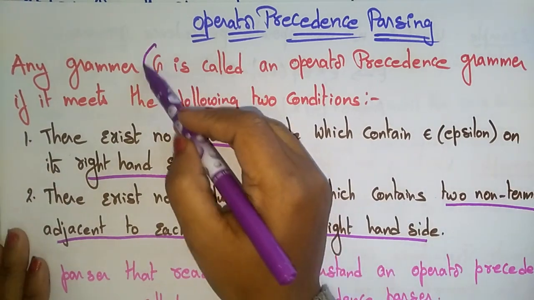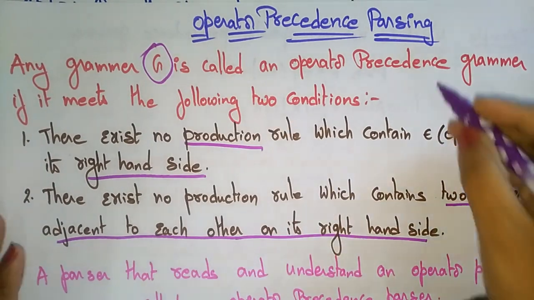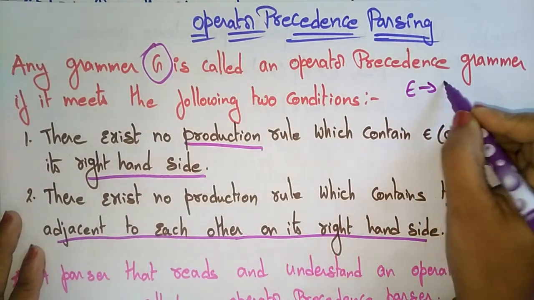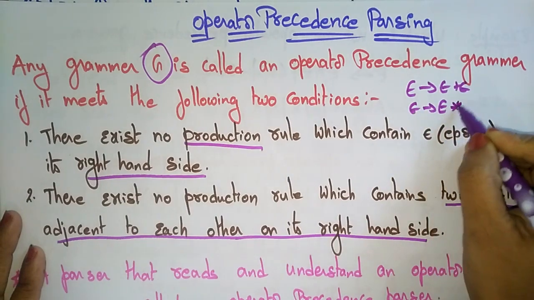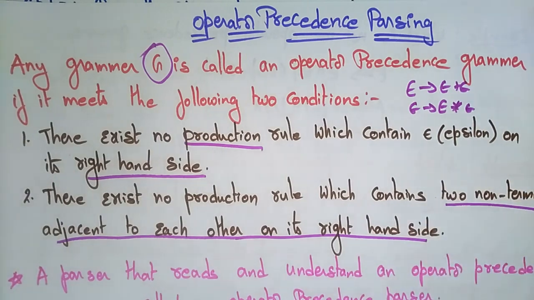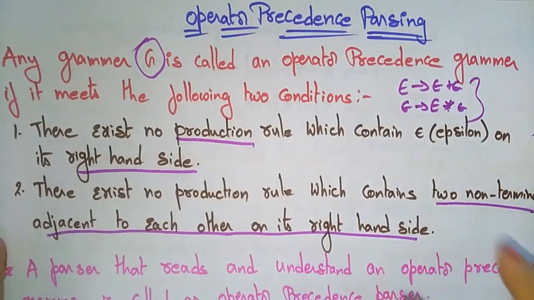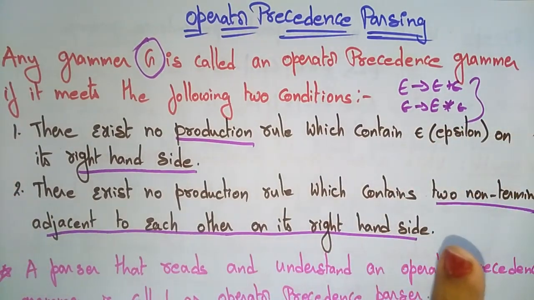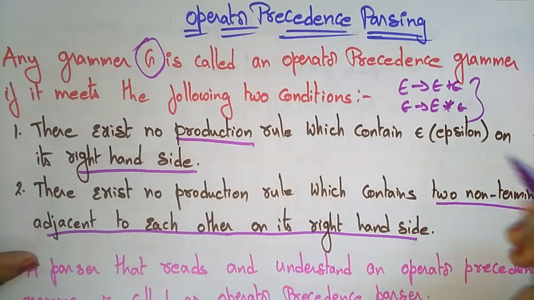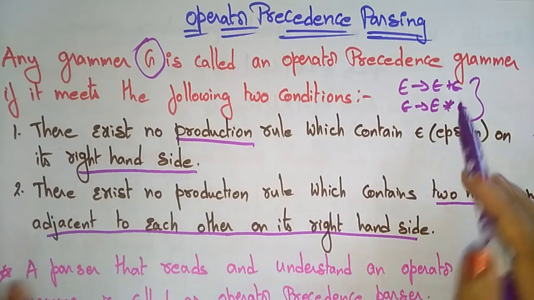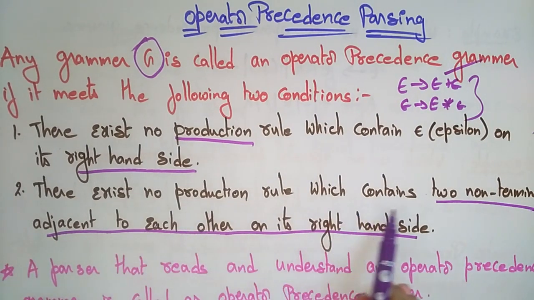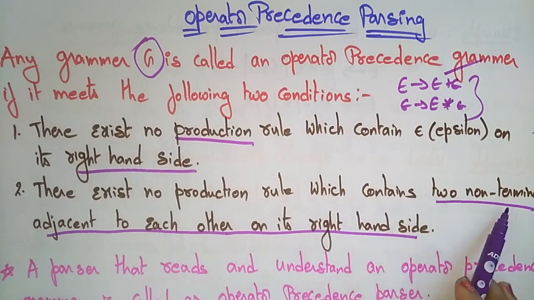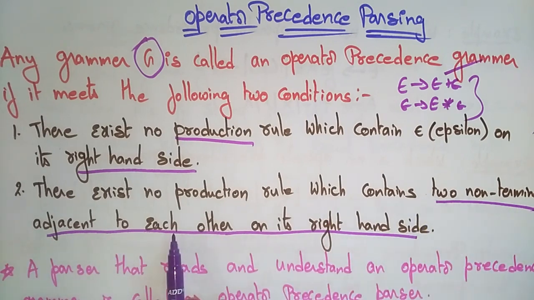A grammar is just represented like, suppose, E tends to E plus E and E tends to E star E. This is an example of a grammar. Here there exists no production rule which contains epsilon on the right hand side, and no production rule which contains two non-terminals adjacent to each other.